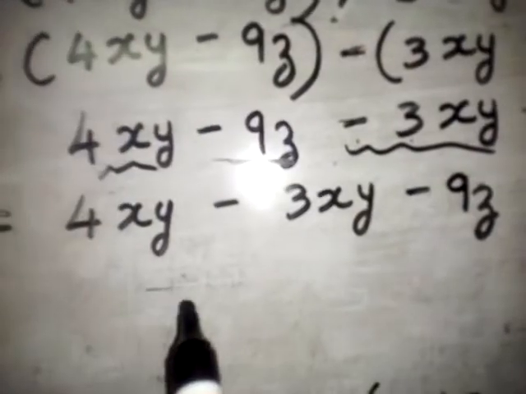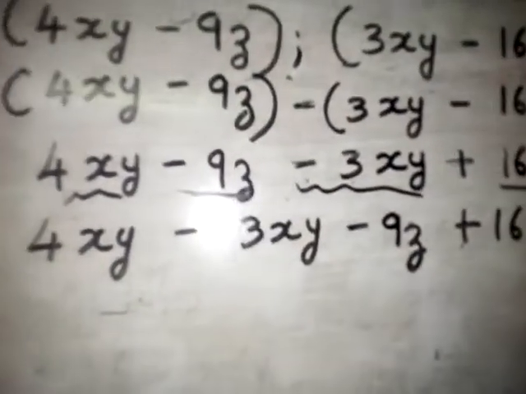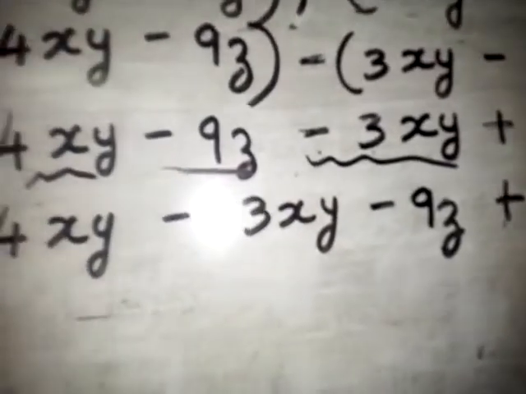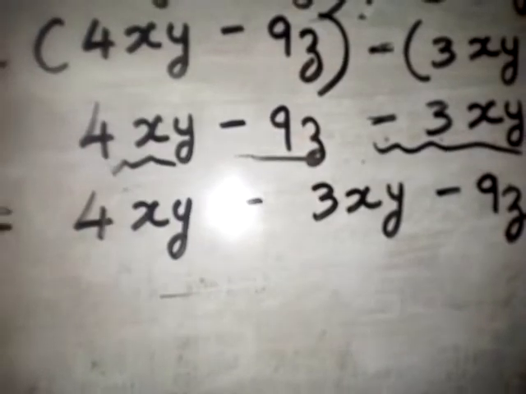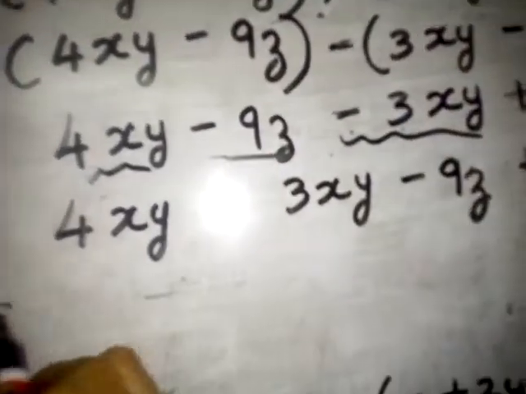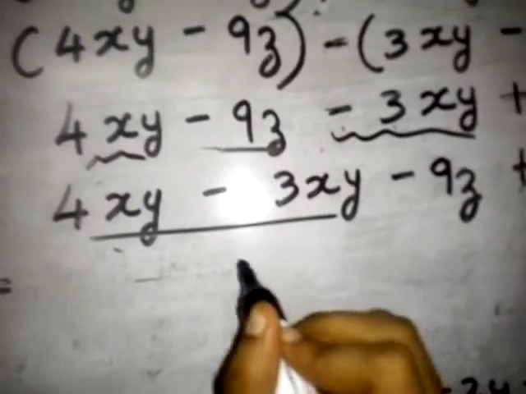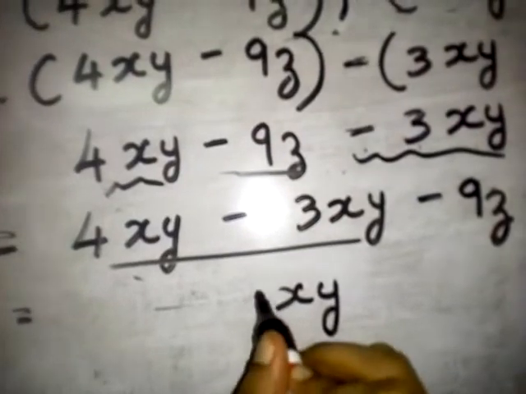Now here, in like terms, if you have different numbers with the same variable, the variable cannot be added, only the numbers can be added or subtracted. The variable you have to write as it is. xy you write as it is. 4 minus 3 is 1.